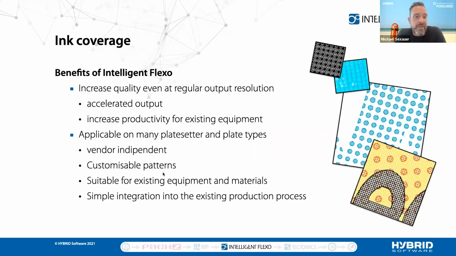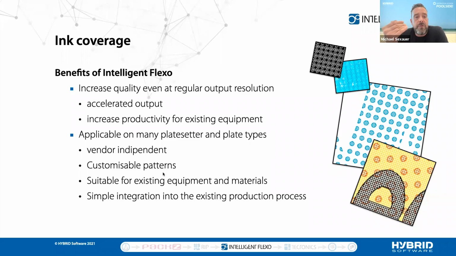Intelligent flexo is vendor independent and can be used on many plate servers and plate materials, and also on lower resolutions. Unlike the solutions we market, intelligent flexo can be used, like I said, at regular output resolutions, potentially increasing capacity on your plate setup. What does this mean? If you're working with 4000 dpi or with 5080, your image setter takes longer to expose your plate.